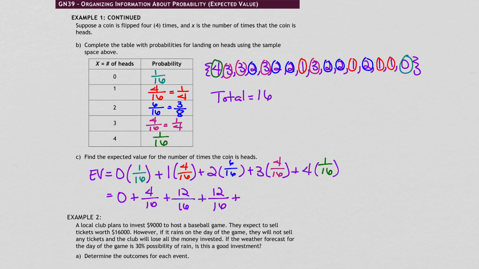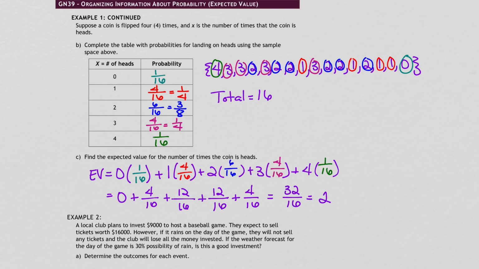And the last, 4 times 1 is 4/16. And so we just need to add our tops. 4 plus 12 plus 12 plus 4 is 32/16, which is 2. So what's the expected value for the number of times you get a head? It's 2. So if you flip 4 coins, you should expect to get 2 heads and 2 tails, right? That's what we would expect to have gotten for the expected value here, right?